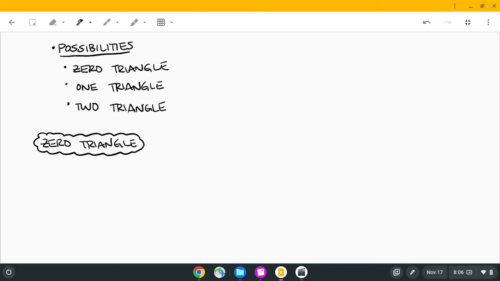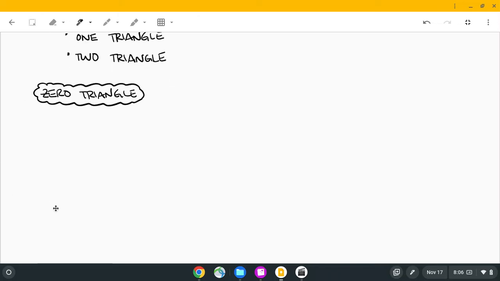Okay, so let's take a look at this example here. Suppose that you had to solve triangle ABC. If a equals 2, b equals 6, and A equals 30 degrees.